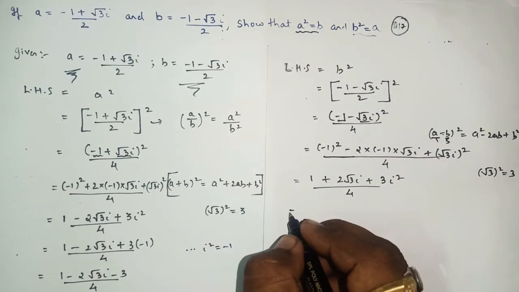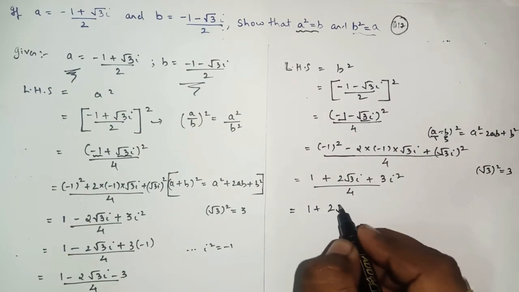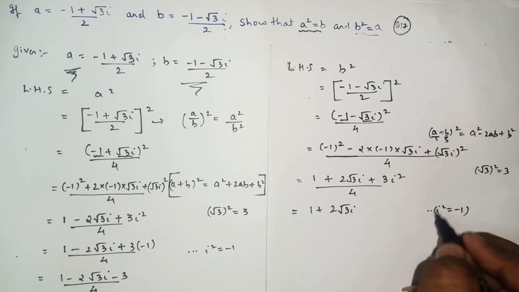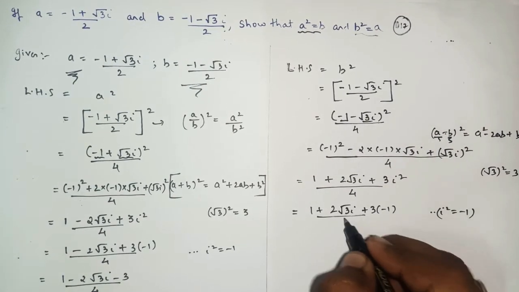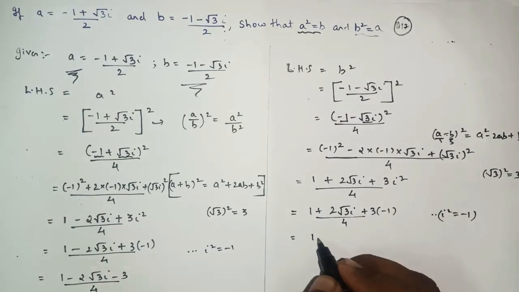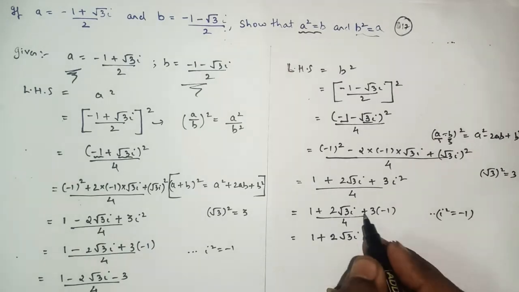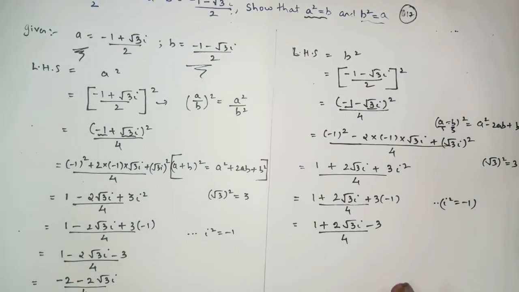Okay, the next, 1 plus 2 root 3i, we know that the value of i square is minus 1, so in place of i square we can write minus 1. So in the next step you will get 1 plus 2 root 3i, so this plus minus will be minus 3 upon 4.